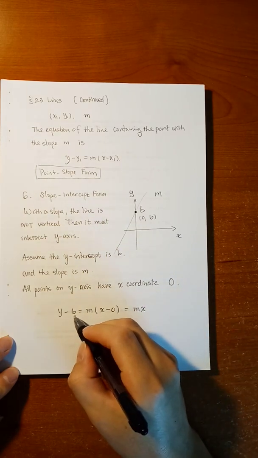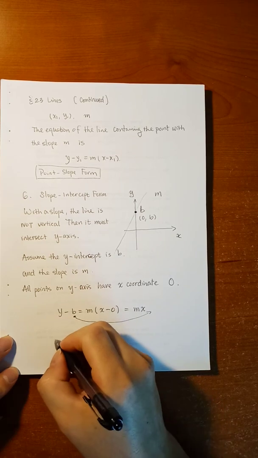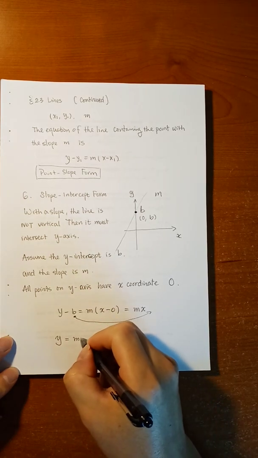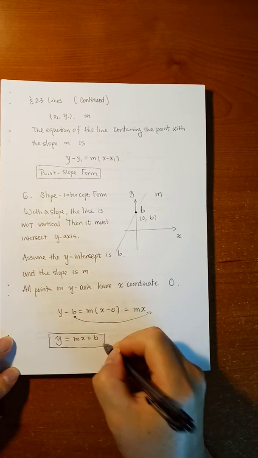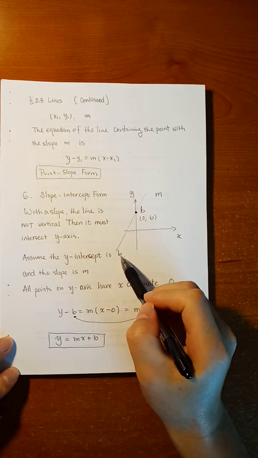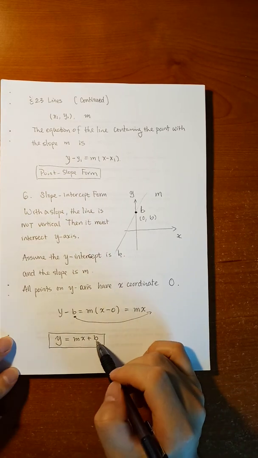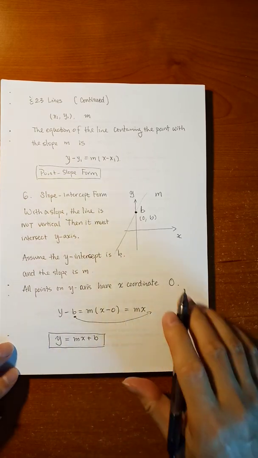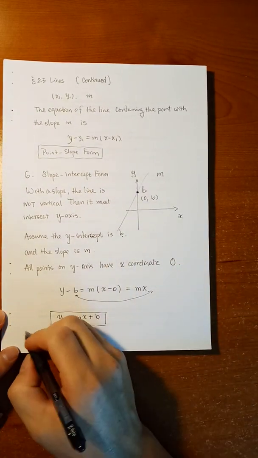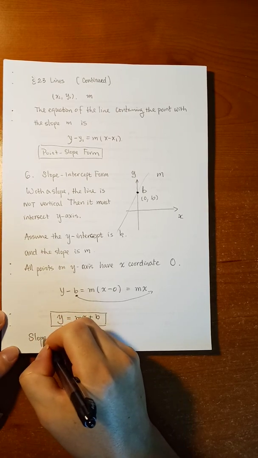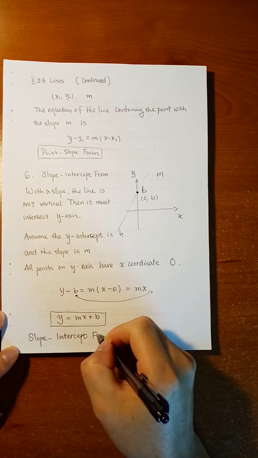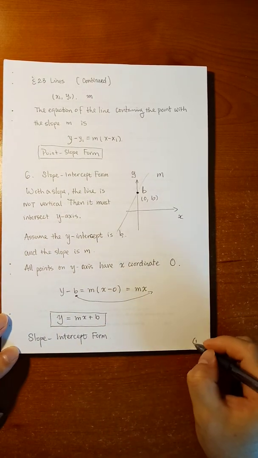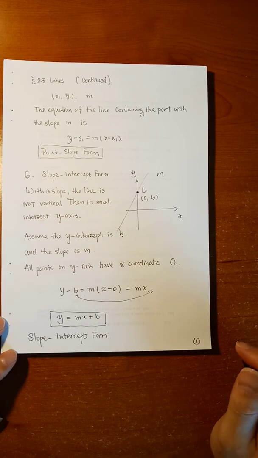And then we move this b to the right side, so we get y is equal to mx plus b. You know the intercept, you know the slope. This is called the slope intercept form.